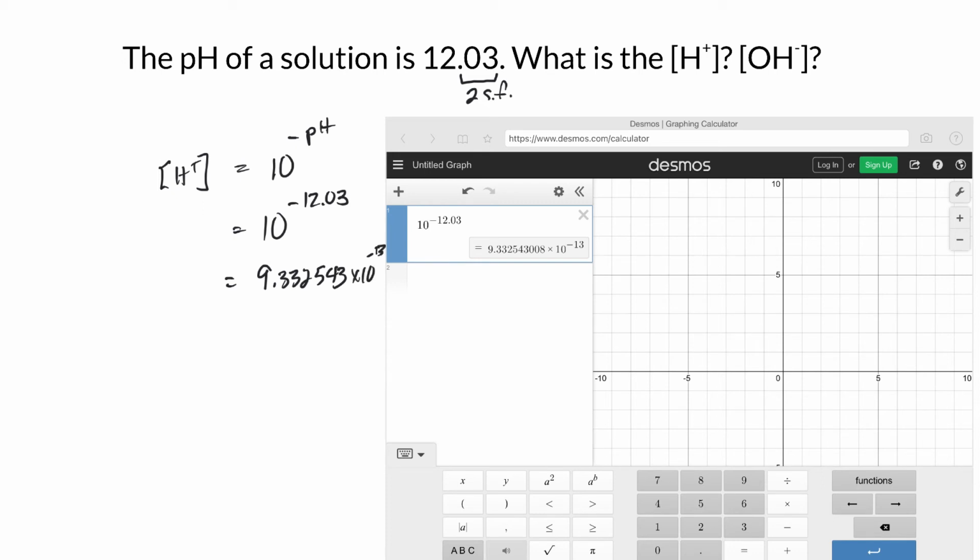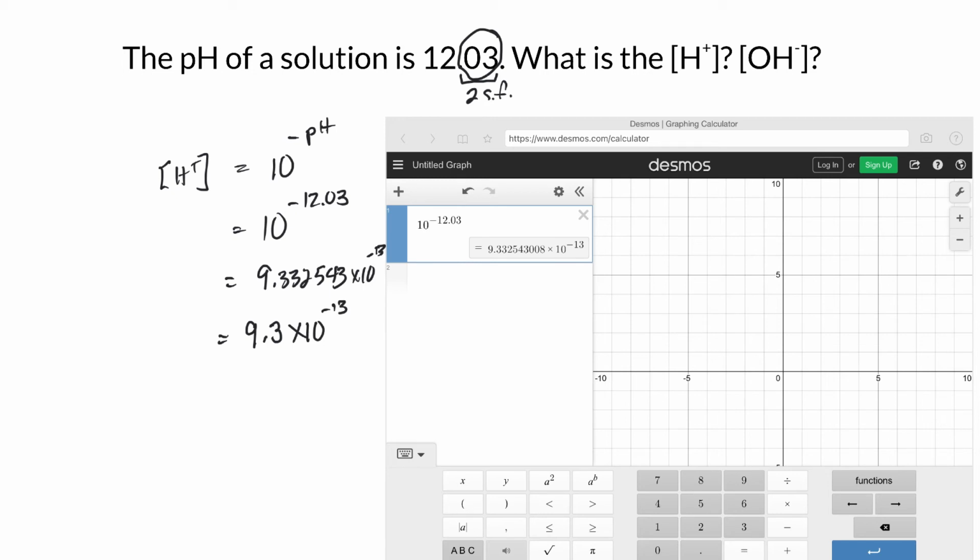In other words, the concentration of hydrogen ions is very, very small. Now, for sig figs, this has 2 decimal places in my pH, so I can only give 2 sig figs in my concentration. So it'd be 9.3 times 10 to the minus 13th.